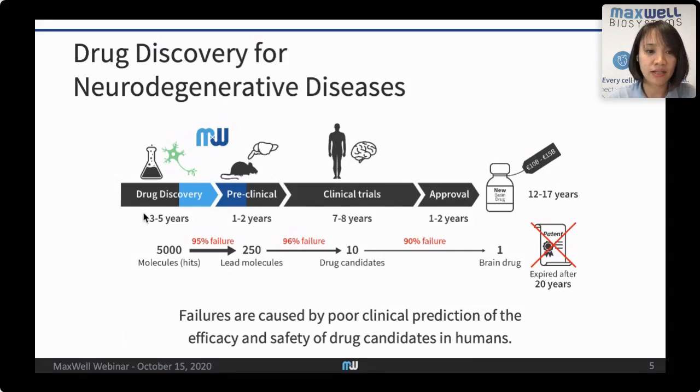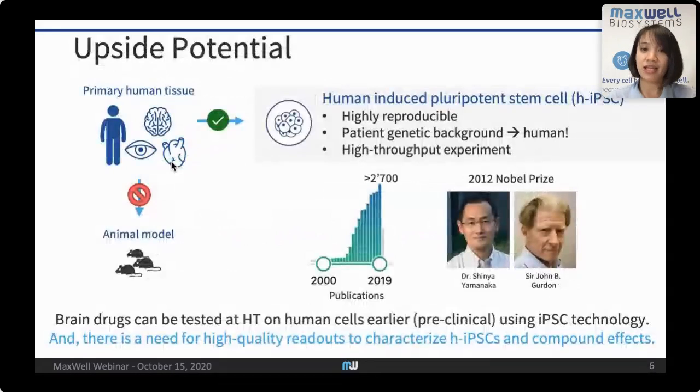So MaxWell Biosystems will basically be involved in the beginning of the drug discovery pipeline, here in between drug discovery and the preclinical phase, focusing on in vitro experiments. And the green cell here corresponds to human iPS cells. This is an upside potential because now we are able to access human cells in vitro.